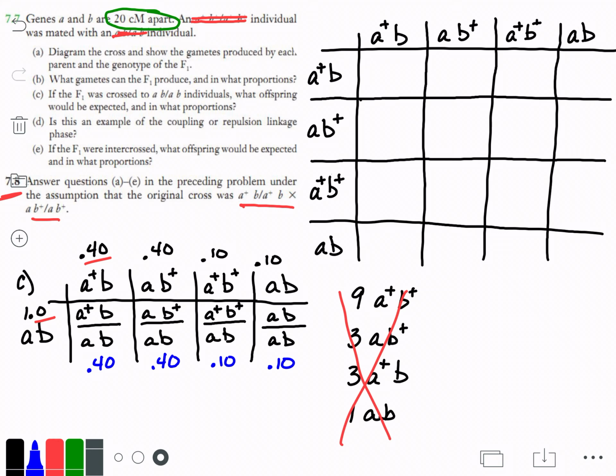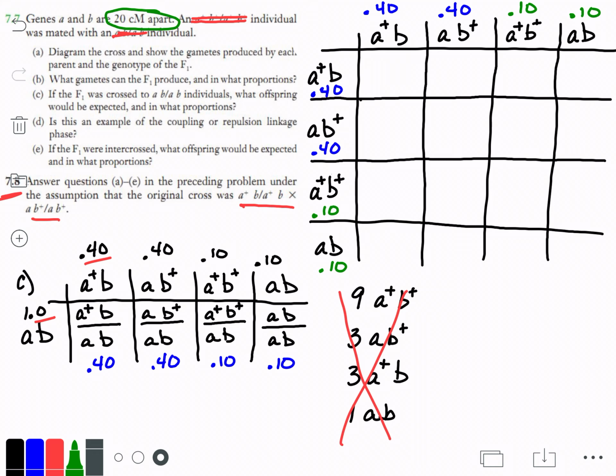proportions. Because remember, being in the first column or the second column gave us a 40% chance each, but the recombination events were 10%. Same thing is true down the side. 40%, 40%, 10%, 10%, because of the linkage.